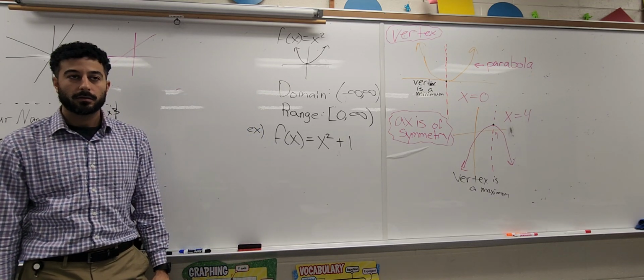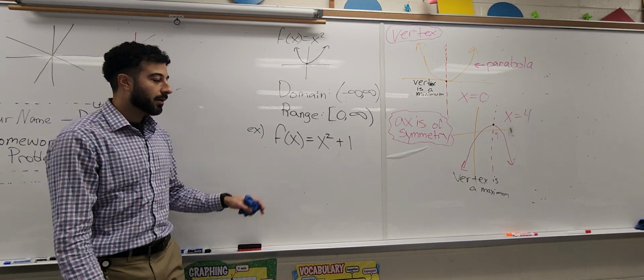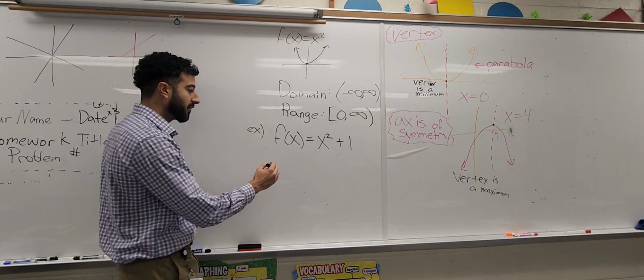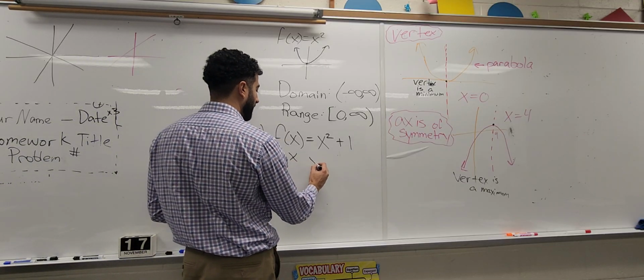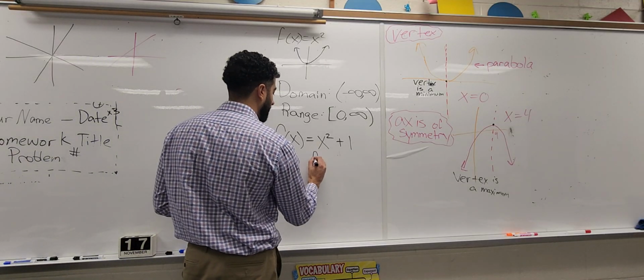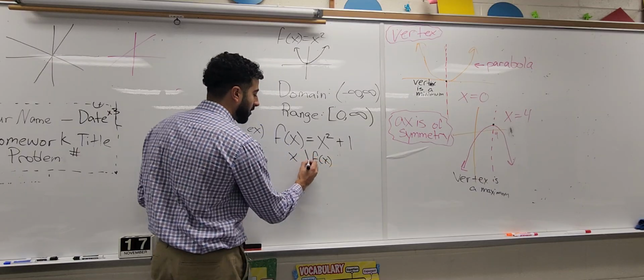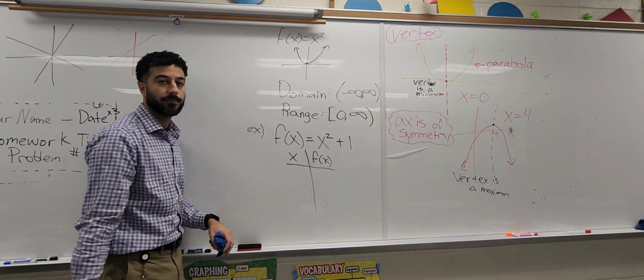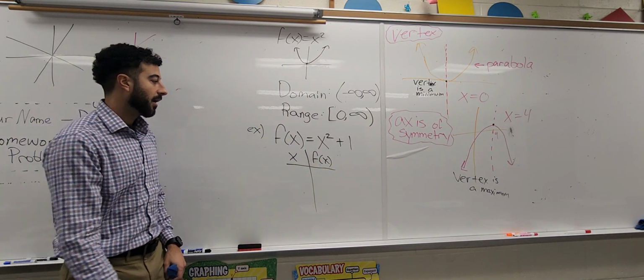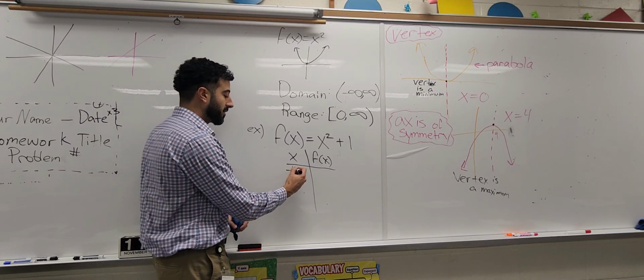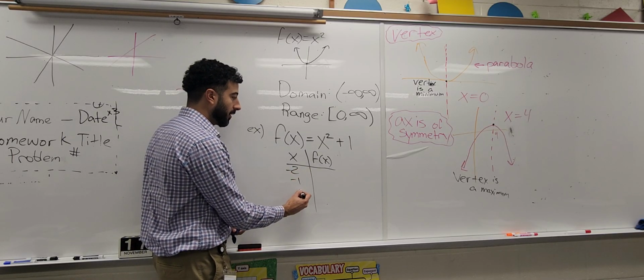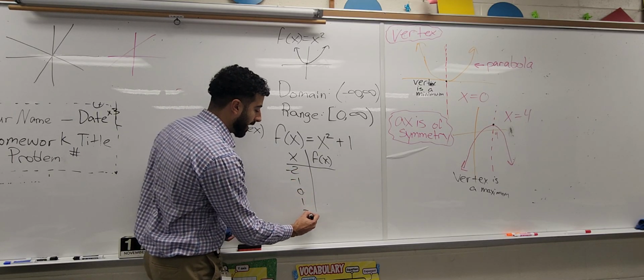You're going to make me a table of values. I'll give you the x's. I'm not going to always do this, but I'll give you the x's, and then at that point you could give me your f of x's or your y values, and you can graph it. I'm going to ask that you use -2, -1, 0, 1, and 2.